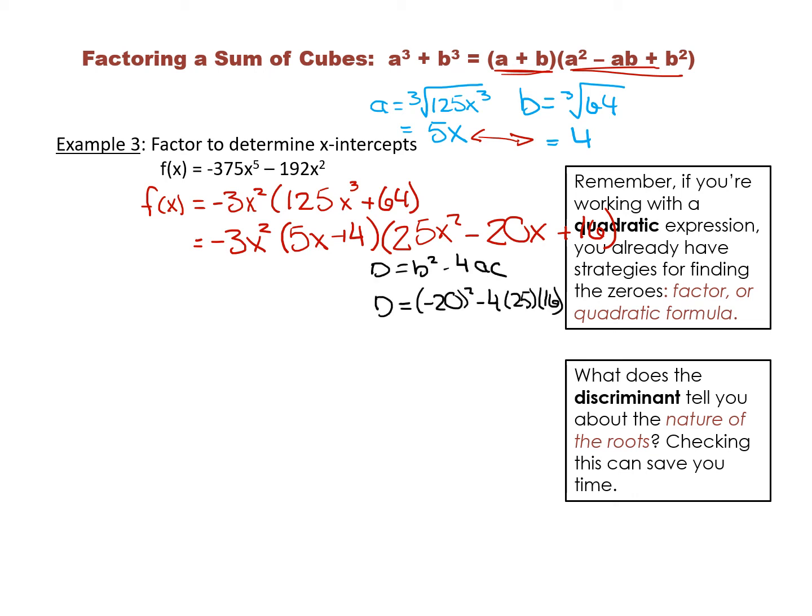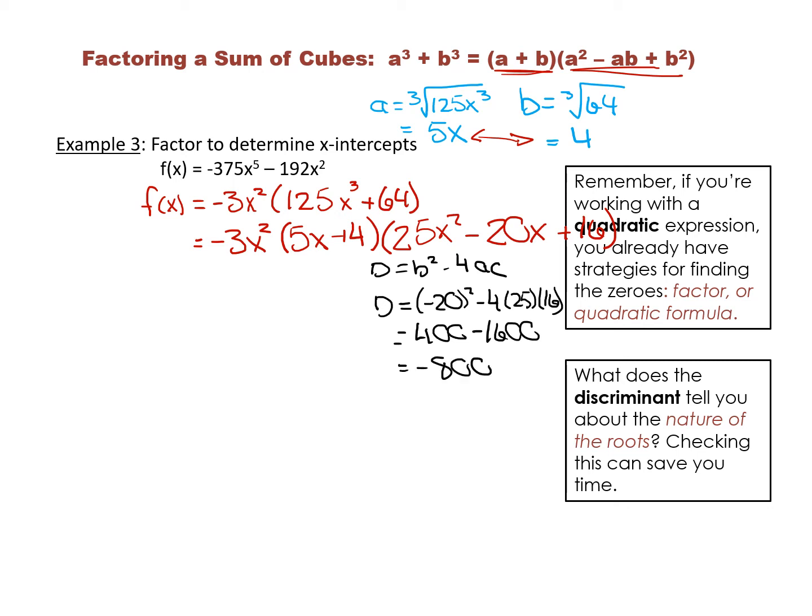Sorry, I just moved that over so it would fit. So our discriminant, negative 20 squared, is 400, minus 4 times 25 times 16 is minus 1600. That gives us negative 800.